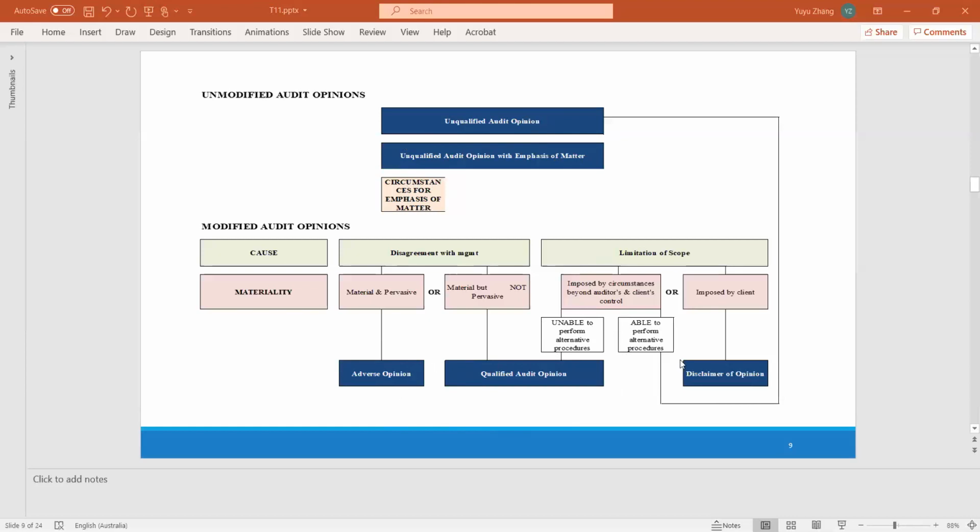It is because when the market sees those modified audit opinions, they know they are very serious. So they will have a bad perception of the company. So sometimes auditors just want to qualify the audit opinion as a part of their engagement. However, those opinions may have very substantial effect on the company's future survival.